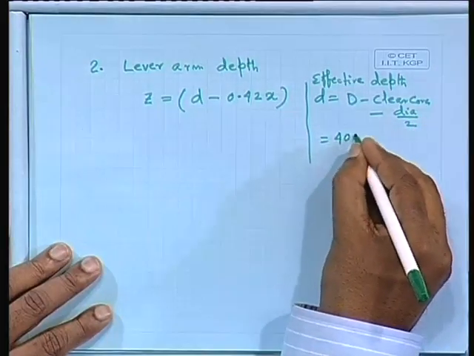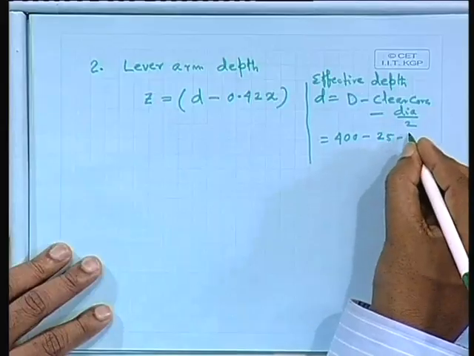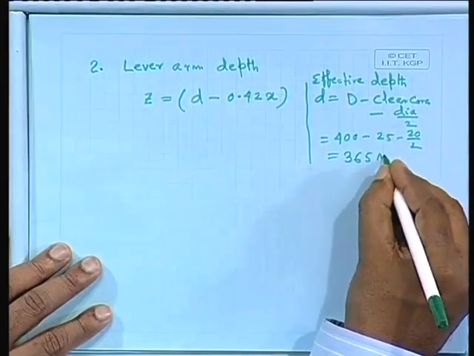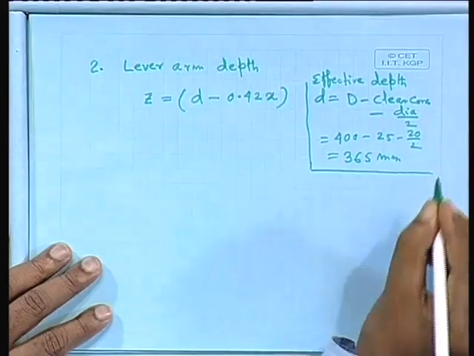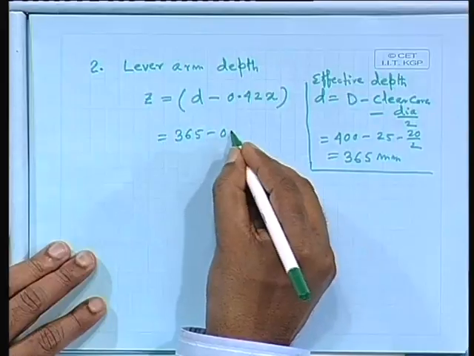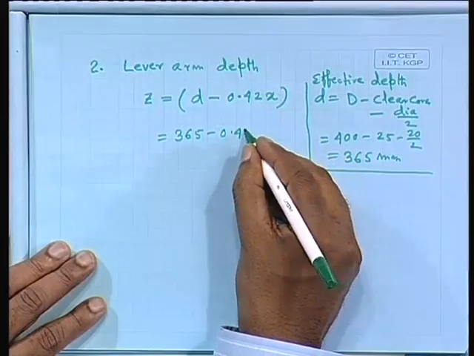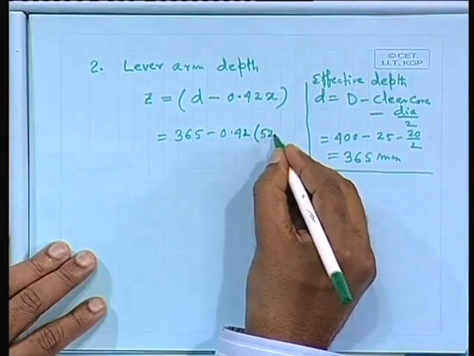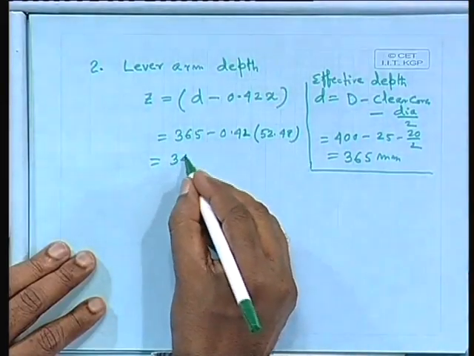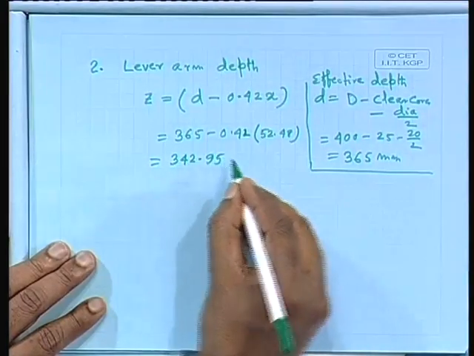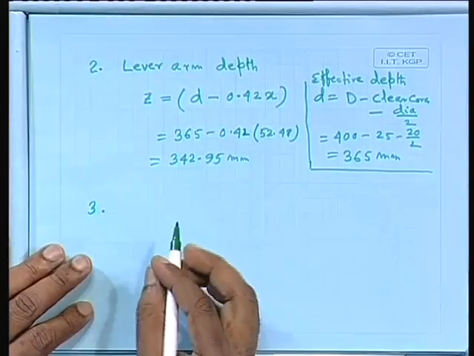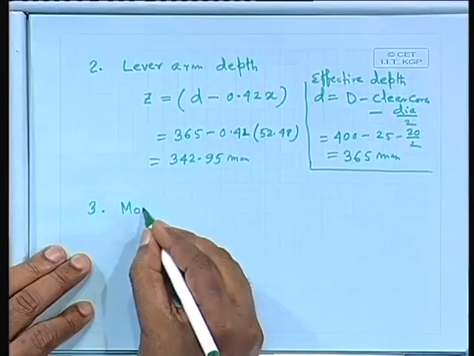So, 400 minus 25 minus 20 by 2, which comes as 365 millimeter, equal to 365 minus 0.42 times 52.48 equals 342.95 millimeter.